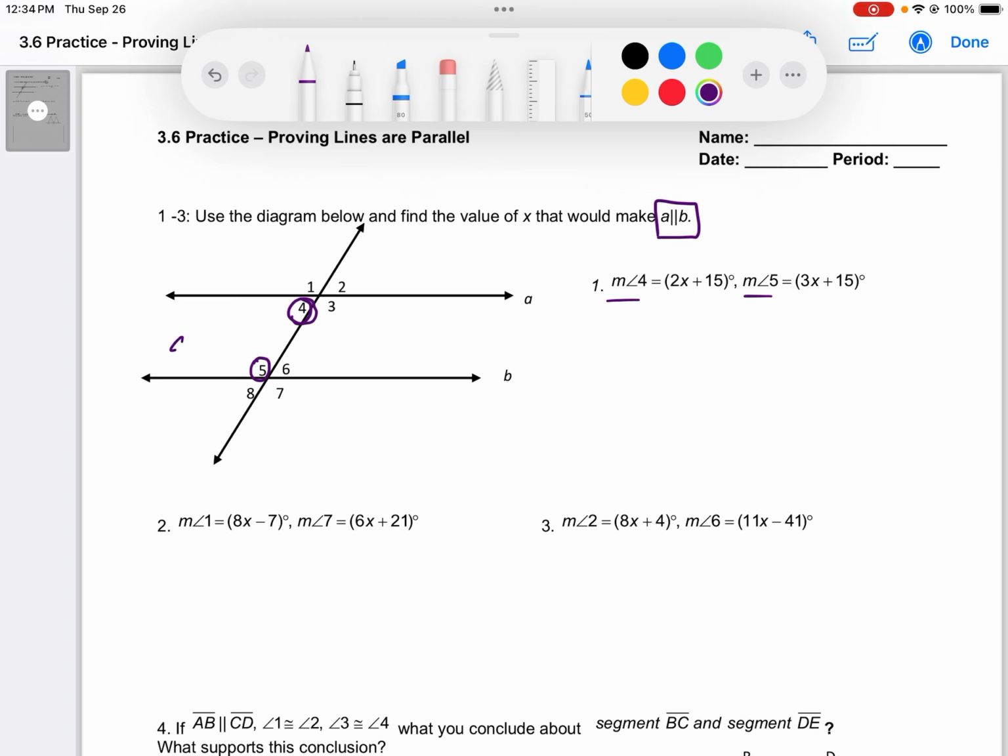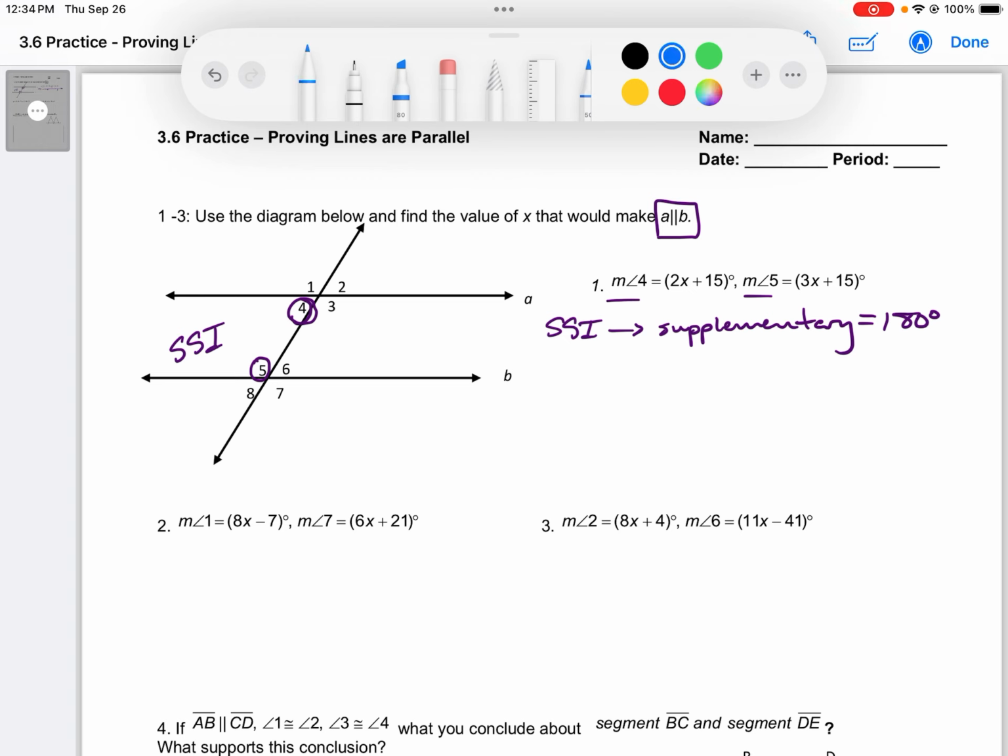If you look at 4 and 5, they're same side interior angles, or another word for that is consecutive. Same side interior angles are supplementary. That's what we've learned so far up until this point. That means they add up to 180 degrees.